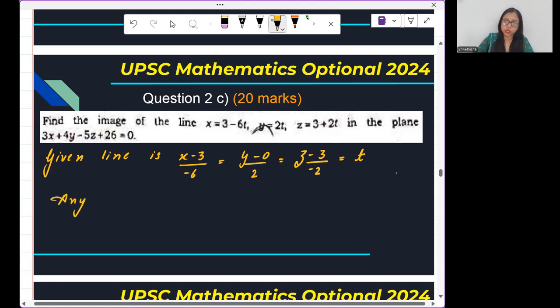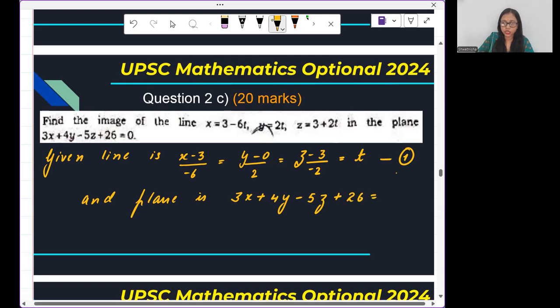Any point. Let me also write plane over here. Given line is this, and plane is 3x plus 4y minus 5z plus 26 is equals to 0.